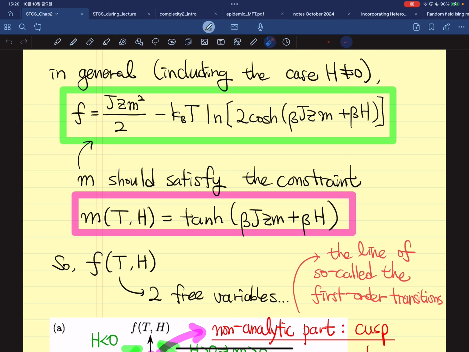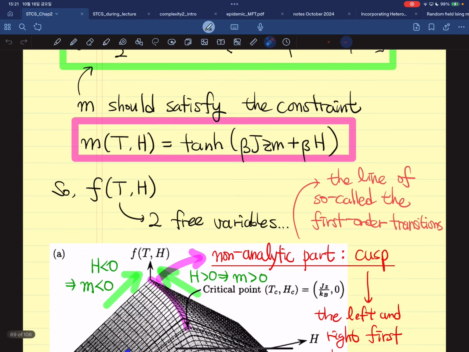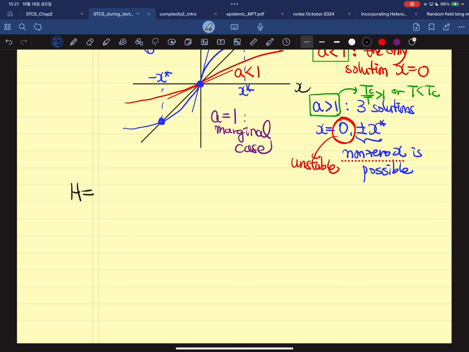So it's a slightly shifted version of the hyperbolic tangent. If we include this case, the F now becomes hyperbolic tangent of beta J plus beta H.